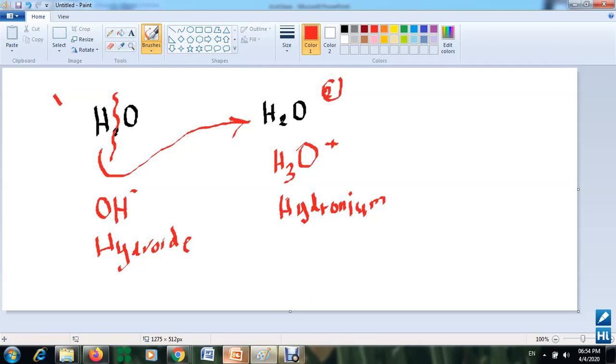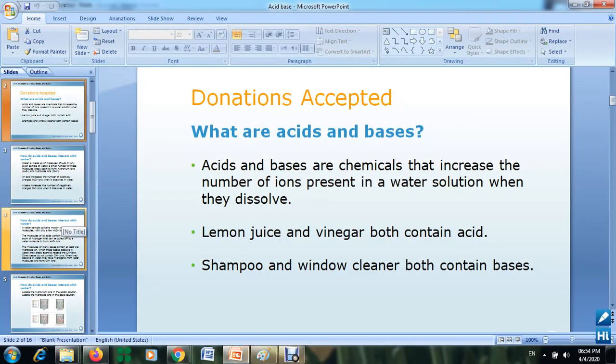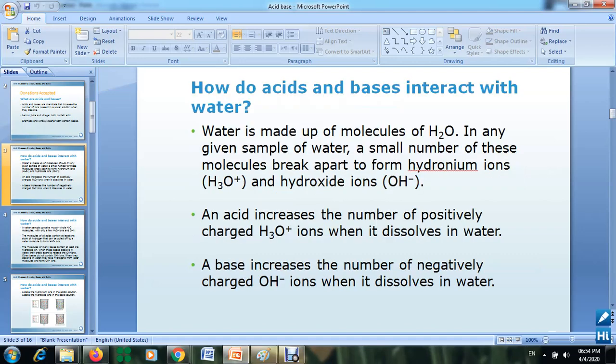This part is very important. Maybe it's weird for you that water is not only H2O, but actually some of the H2O will break apart and give hydronium ion and hydroxide ion.